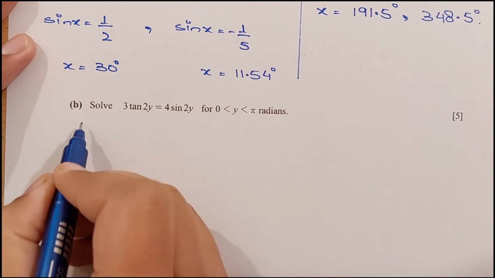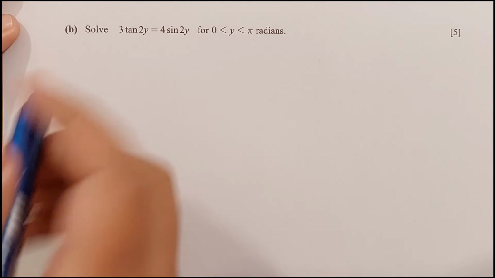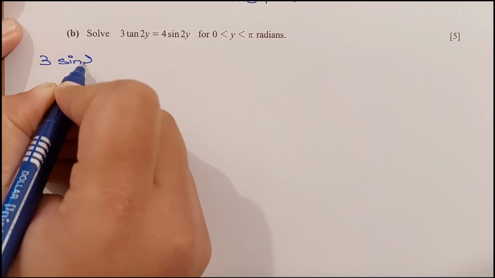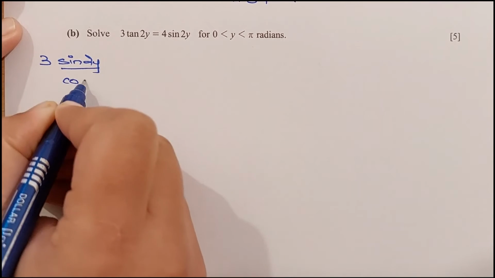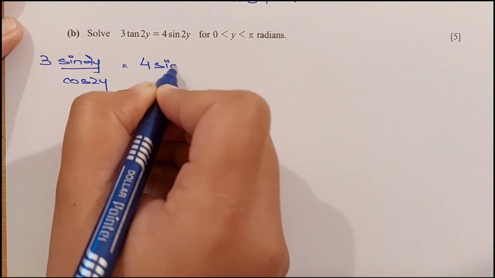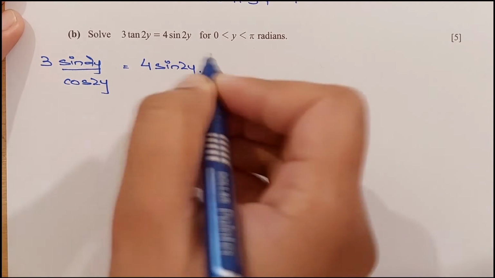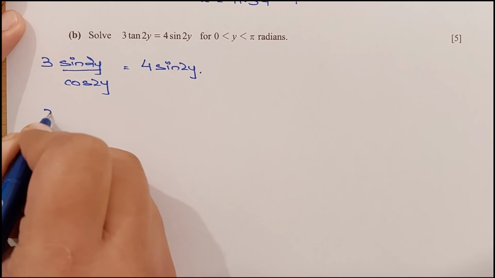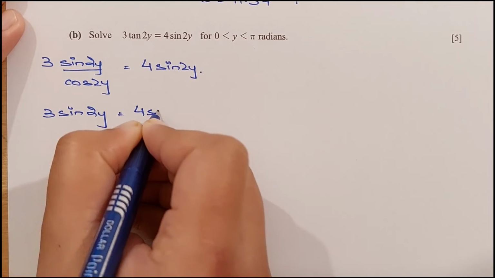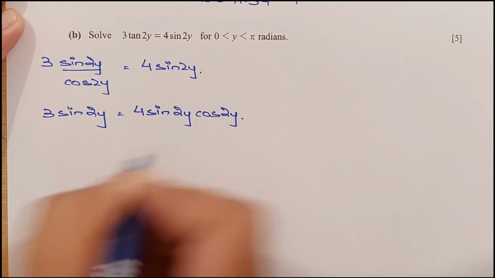Now for part B, we have to solve this equation for y between 0 and pi radians, right? So here we can say 3 tangent 2y is sine 2y over cos 2y equals 4 sine 2y, right? Okay, so for cross multiplication, we have 3 sine 2y equals 4 sine 2y cos 2y, right?